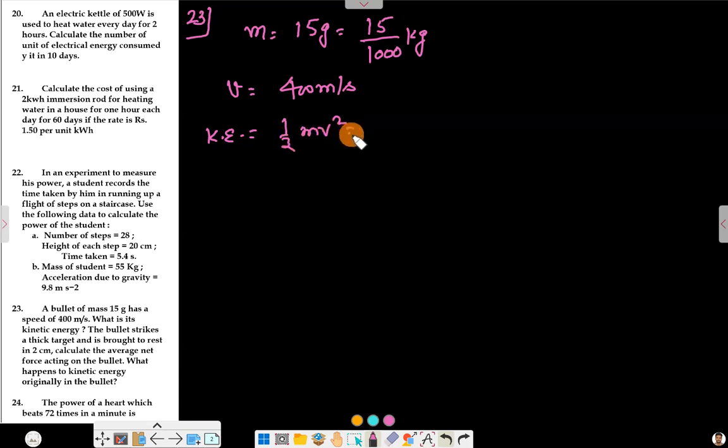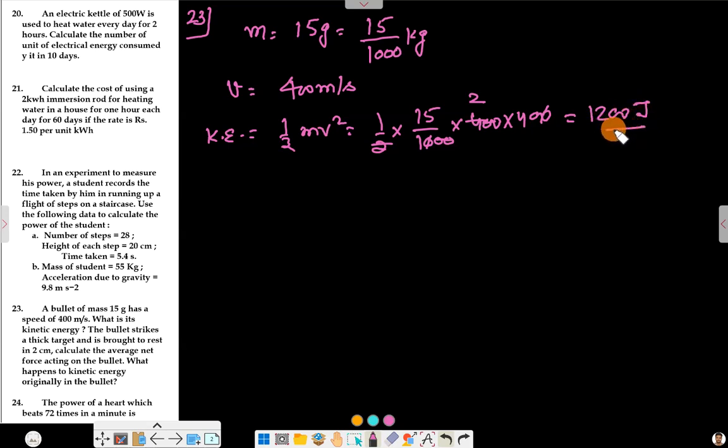Okay, so half into 15 by 1000 into 400 into 400. So those two zeros get cancelled, this one zero gets cancelled, this is 2, 15 into 2 into 40, 30 into 40, 1200 joule is its kinetic energy right now when it is moving with a velocity of 400 meter per second.